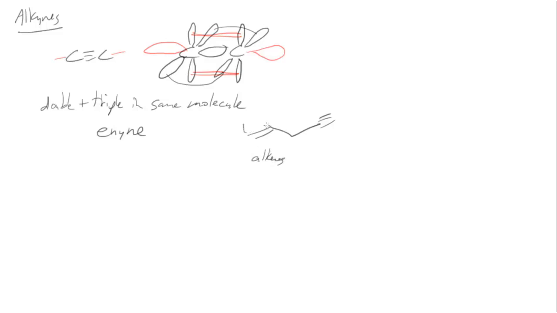So this would be 1 for the alkene, 2, 3, 4, 5. So this is pent 1-ene 4-yne, or because the alkene is at 1, it could be pentene 4-yne.